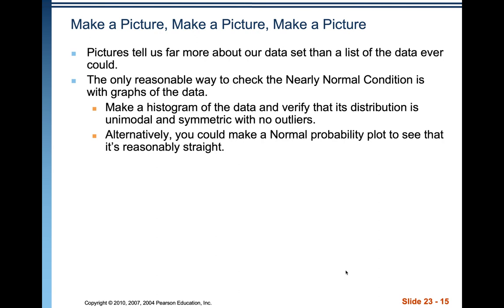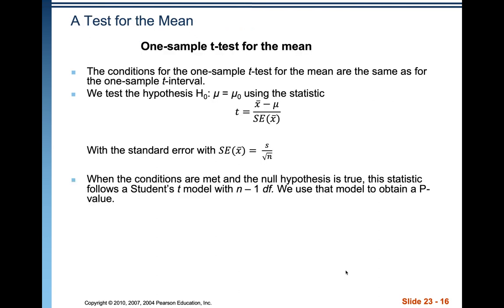These are fairly easy to do. The one advantage, making one on the calculator is just as easy as making a histogram or a dot plot. It's just sometimes they're quicker to draw.